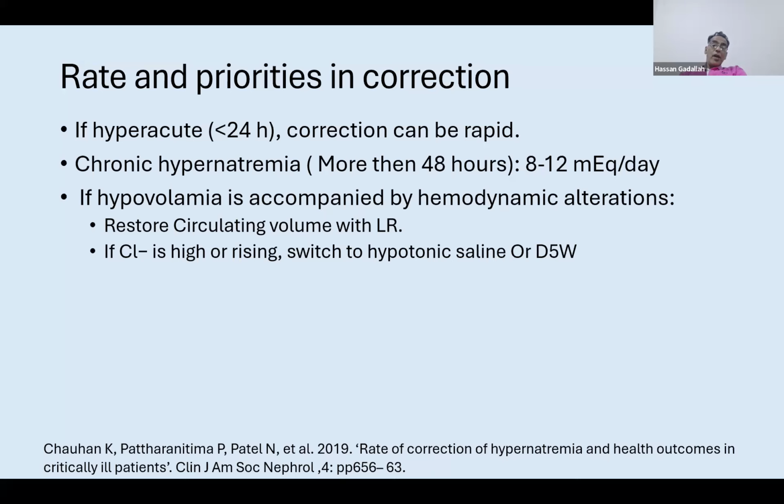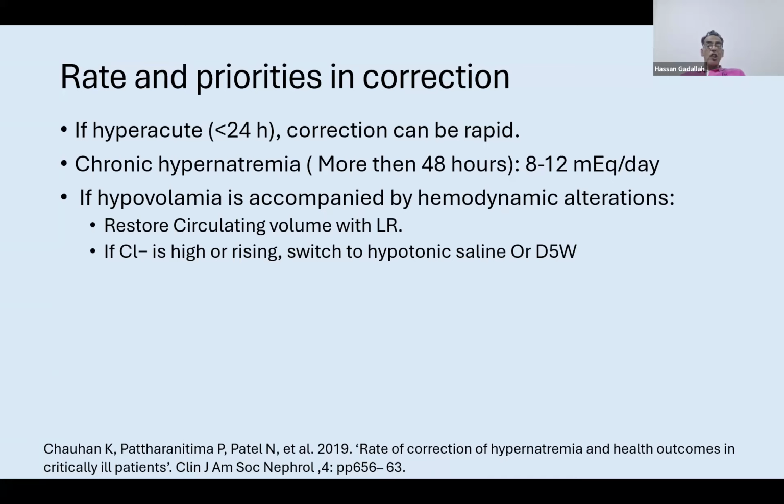So the rate of correction: if it is hyperacute, I mean, if it developed in less than 24 hours, and we can see this a lot in patients after pituitary surgery. Usually the patient, after coming back from the theater to the ICU, develops diabetes insipidus, and there is a huge amount of urine.